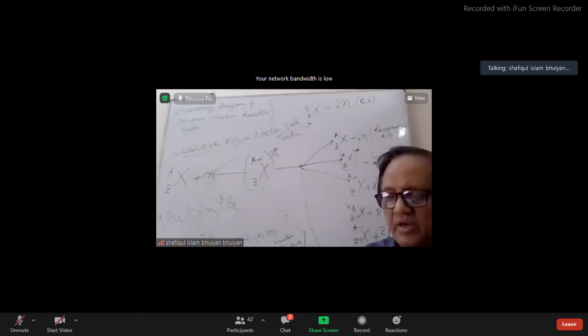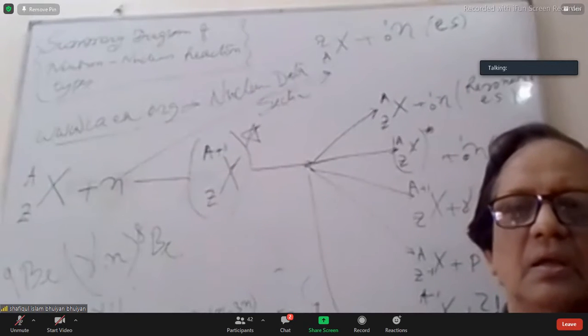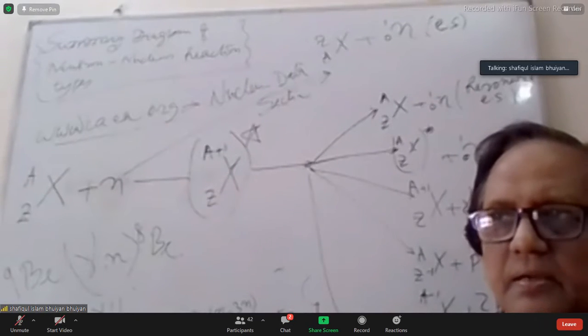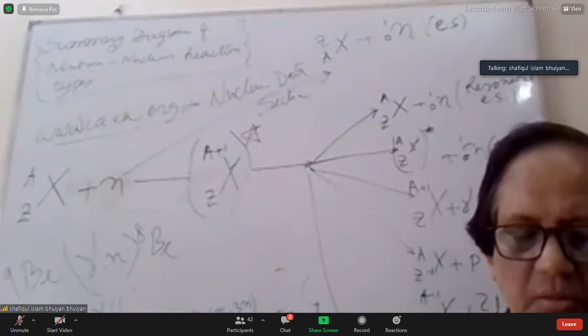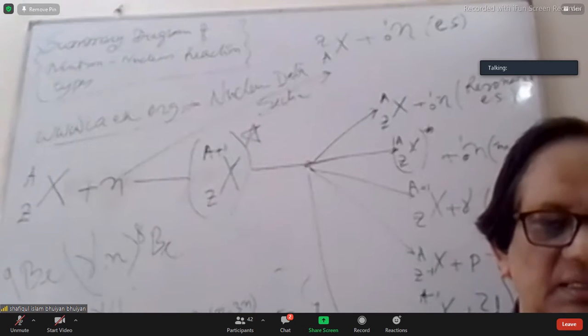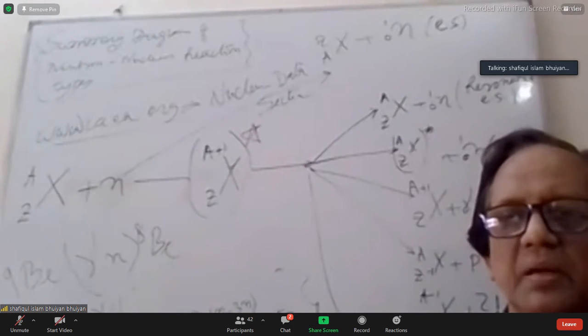So when I go for a reactor design or reactor analysis or reactor safety calculations or thermal hydraulics calculation or the reactor design parameters, most importantly we need two parameters.